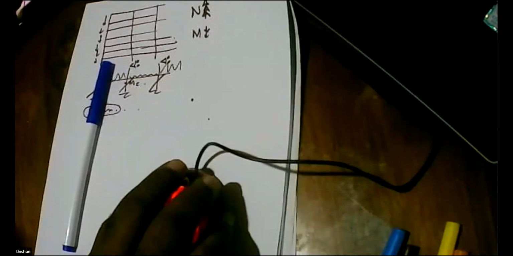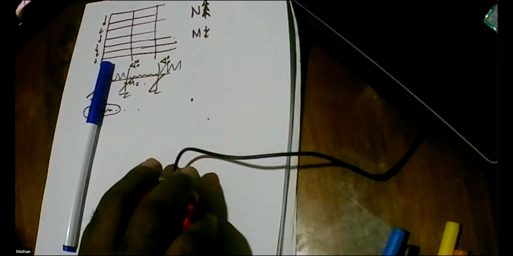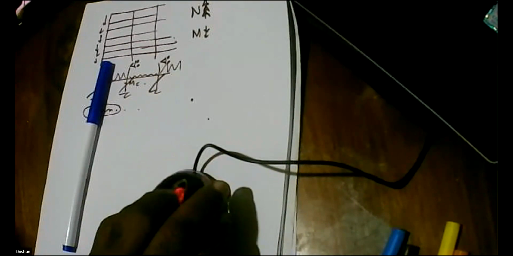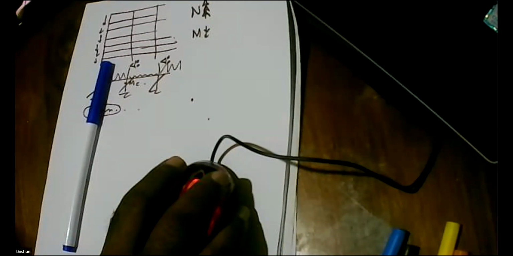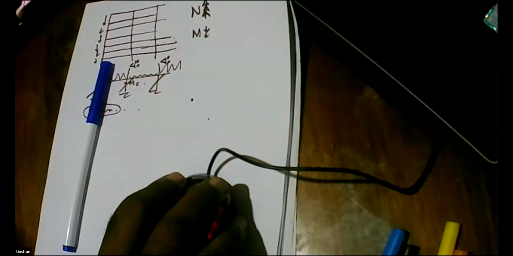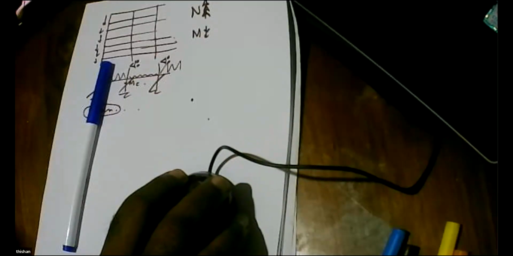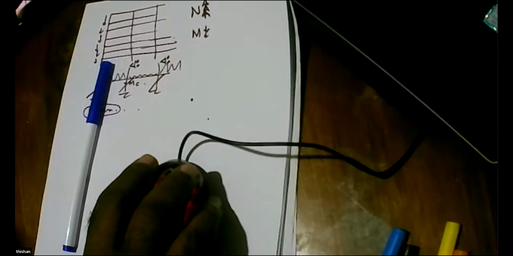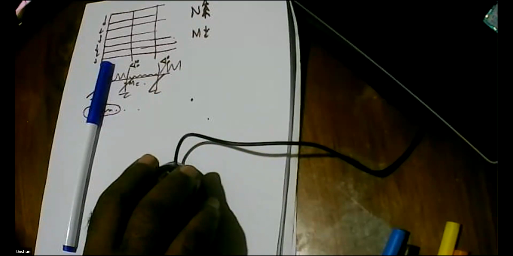So what I showed you is the chart that is given in one document, the earlier BS charts. But if you are dealing with Eurocodes, then you can also have one chart for all the situations.